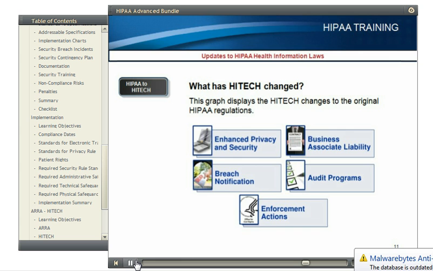What has High Tech changed? This graph displays the High Tech changes to the original HIPAA regulations. Enhanced privacy and security, business associate liability, breach notification, audit programs, enforcement actions.